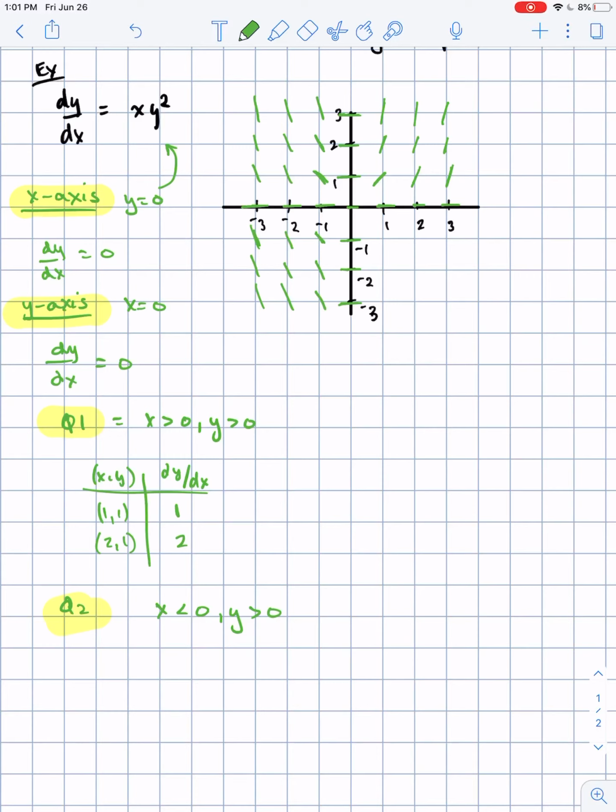Okay, fourth quadrant, always positive. So here we would have a slope of 2, and here we would have a slope of 3. You can see how I'm gradually making these slopes a little bit bigger, but this is a slope field. This is what we have and what we're going to be looking at. As they get steeper and steeper, it's a little weird how it would look, but you just want to try to stay consistent with the steepness.